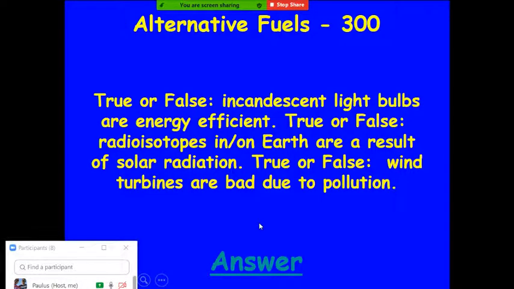All right, here we go. True or false? Incandescent light bulbs are energy efficient. True or false? Radioisotopes in or on Earth are a result of solar radiation. True or false? Wind turbines are bad due to the pollution they produce? Give you guys about a minute and a half for this one.